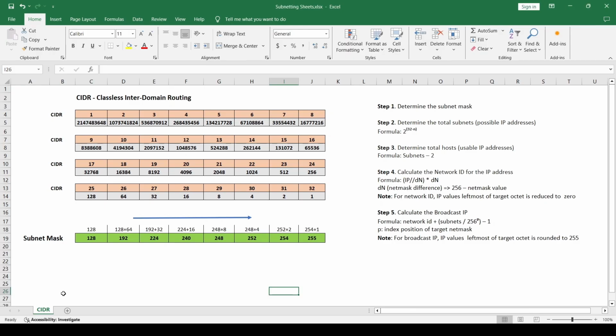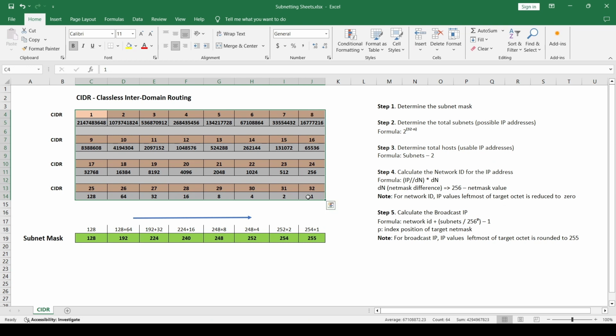All right, so we are in this Excel sheet. Remember that IP version 4 is a 32-bit architecture, so what that means is that we have 1 all the way to 32. So this is 1 bit, 2 bits, 3 bits, 8 bits, 16 bits, all the way to 32 bits.